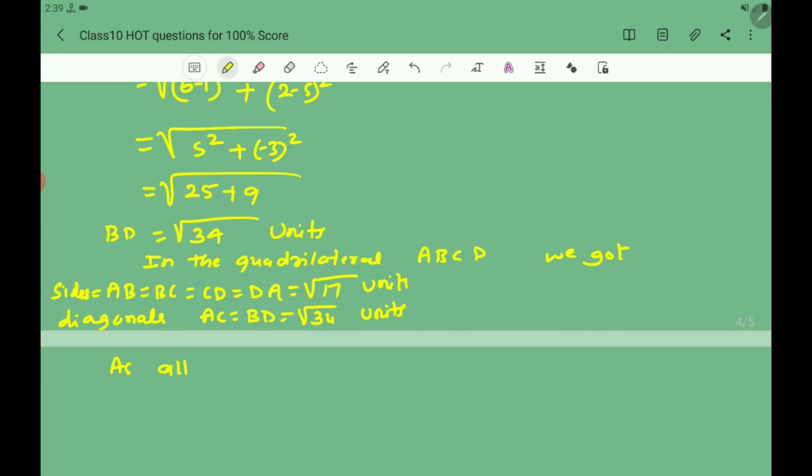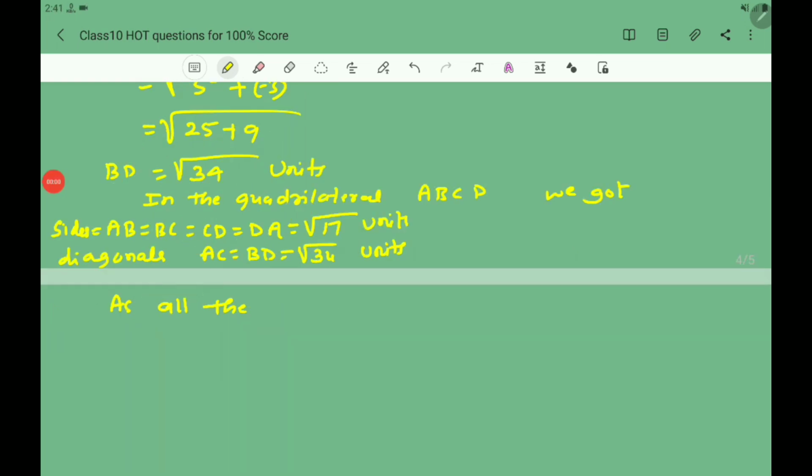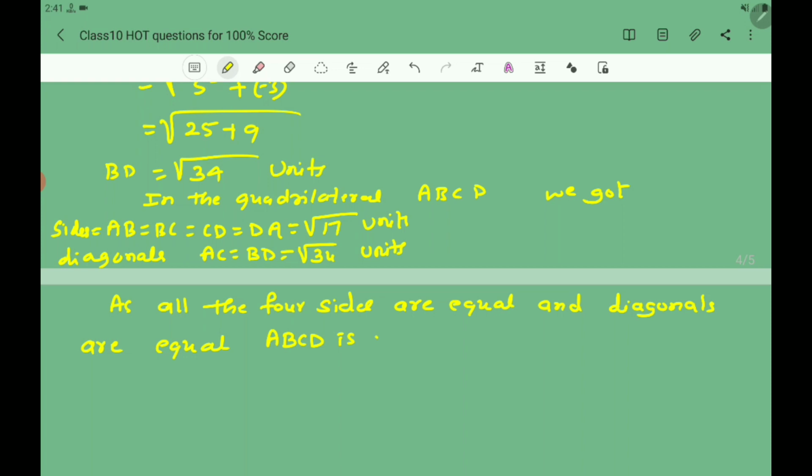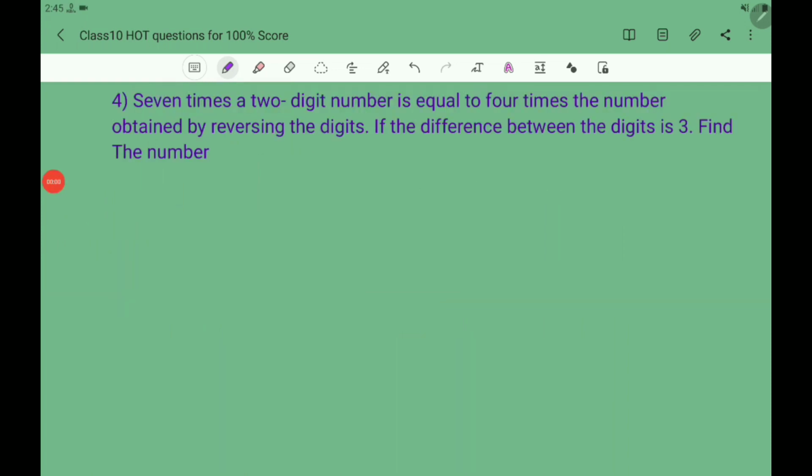As all the four sides are equal and the diagonals are equal, ABCD is a square.